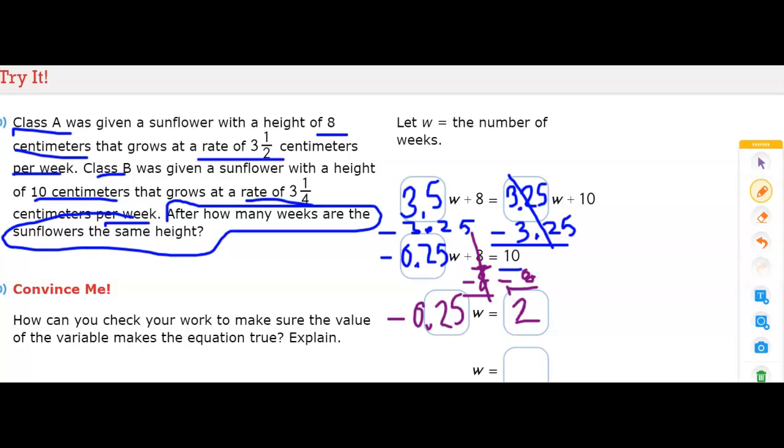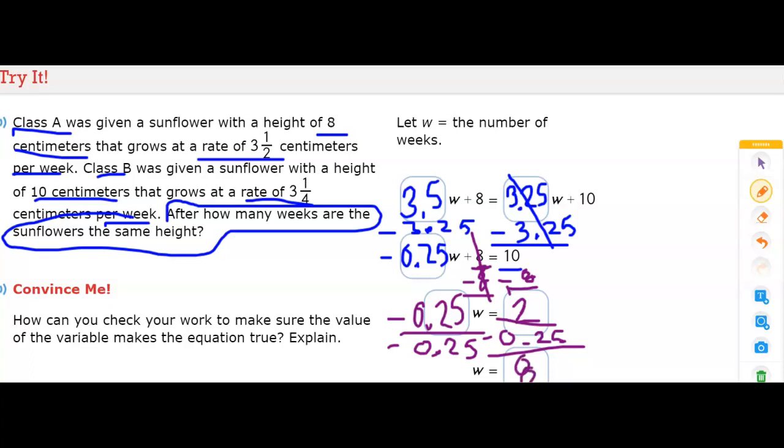Now we want to solve for W. We want to know how many weeks this is. So the final step is to now do the inverse of multiplication, which is division. And we're going to divide by this negative 0 and 25/100 on both sides of the equation. And we get 8.